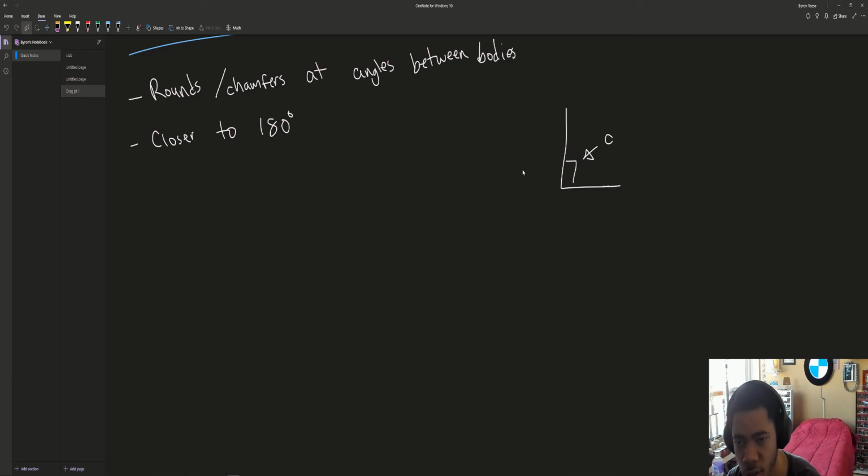This is a direct change of 90 degrees. If I do something like this, what we get is an angle that looks something like this. Oops, go back. We get angles that look something like this. It comes in steps.